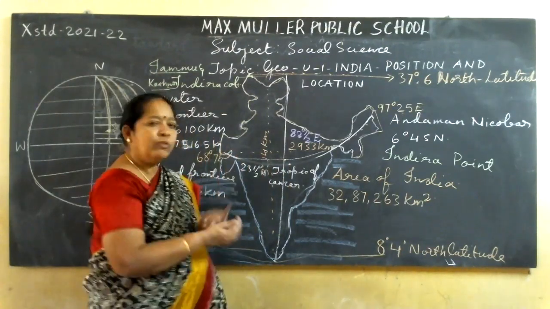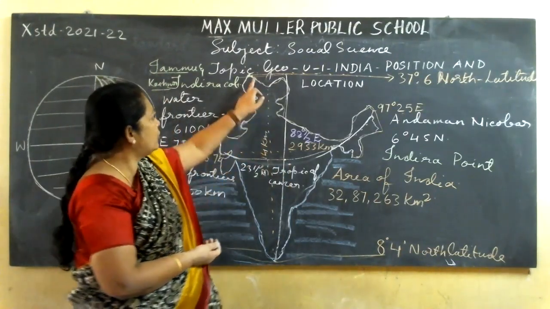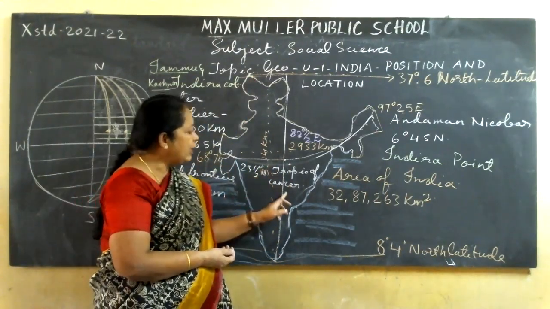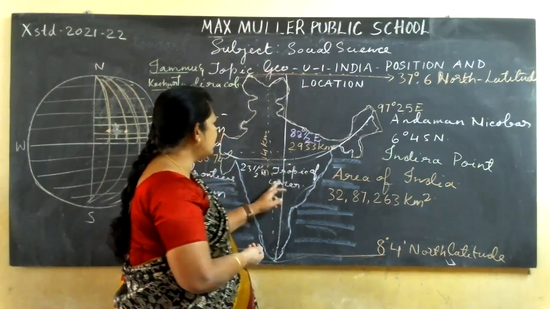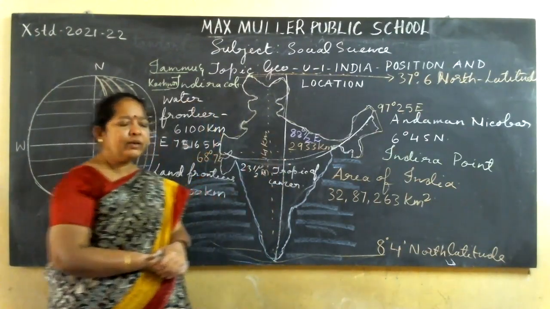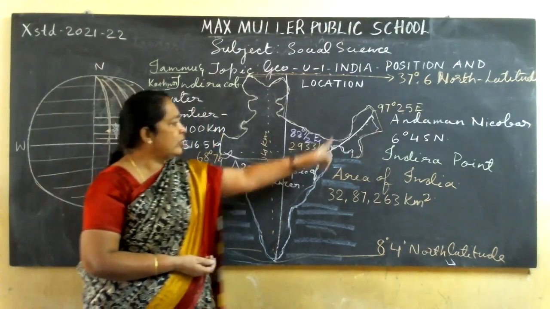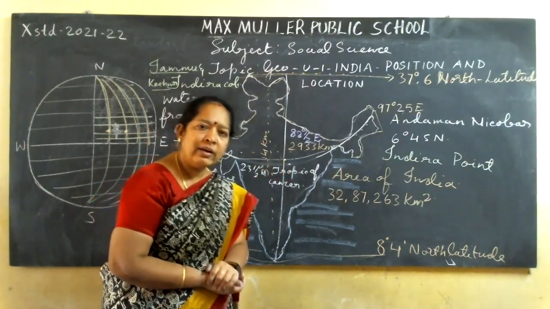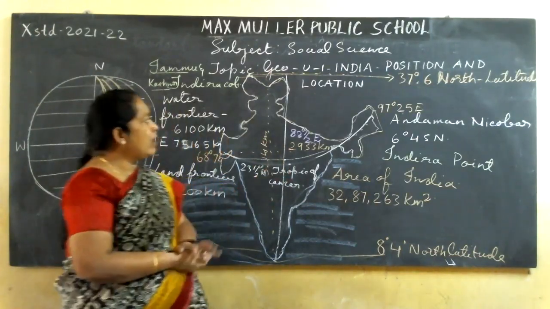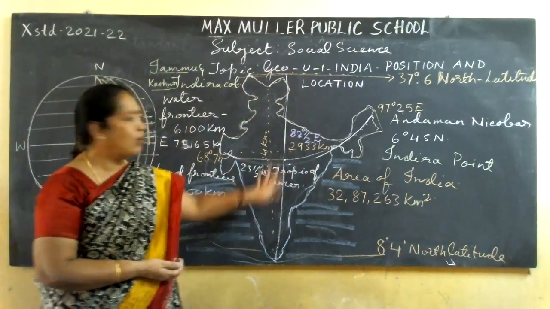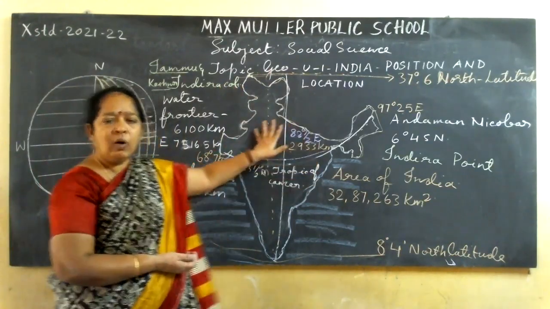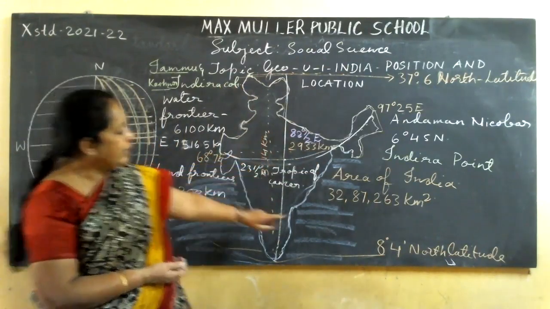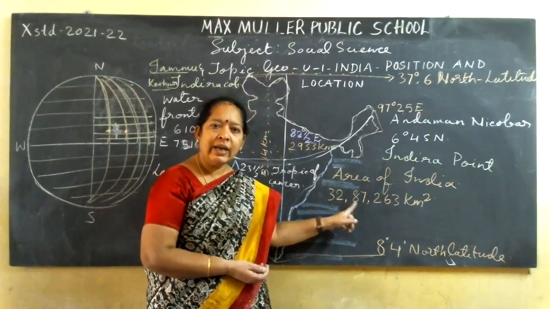Then, from north to south the distance is around 3,100 kilometers, and from west to east it is 2,933 kilometers.